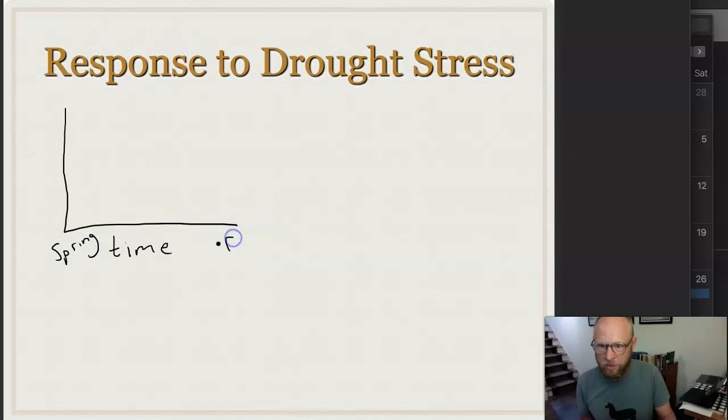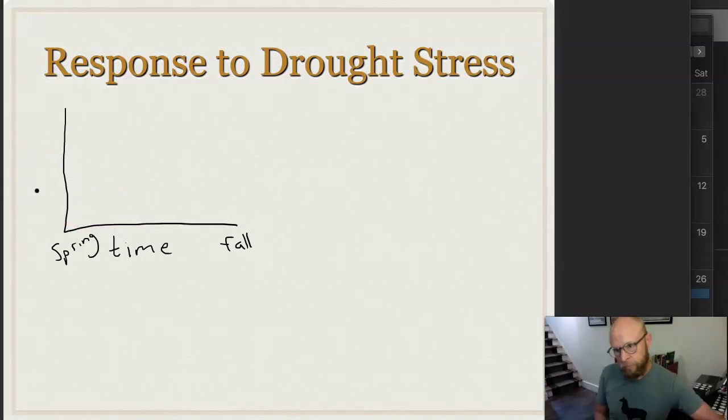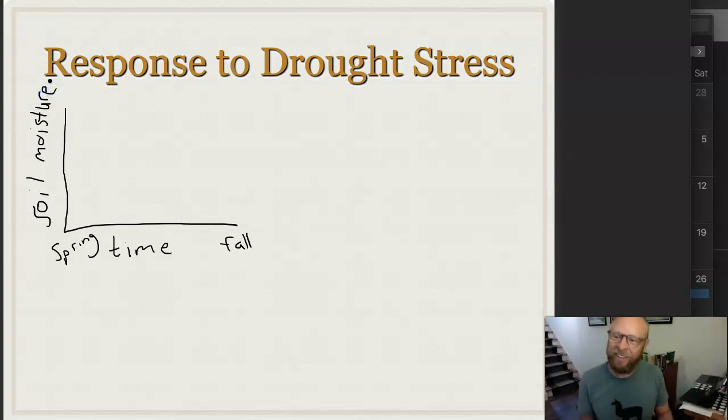And hey, that penmanship's a little better this week. Fall over here. And so if we were to put, hopefully you can all read it, soil moisture on the y-axis.